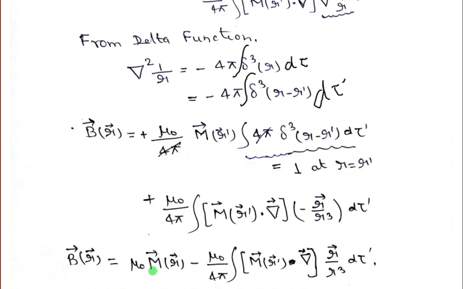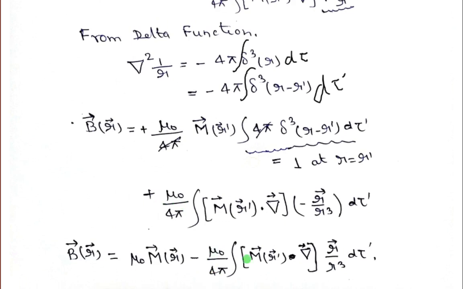Minus, why this minus? Because of the earlier sign, so minus mu 0 upon 4 pi integral, capital M, function of r prime, dot with del operator, into r vector upon r cube d tau prime.